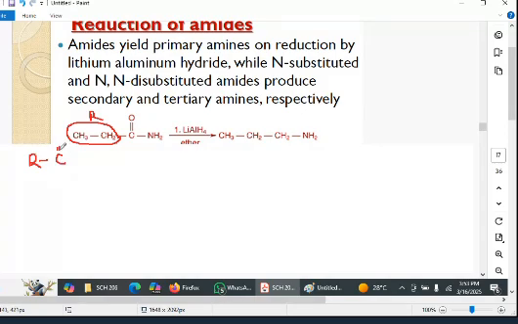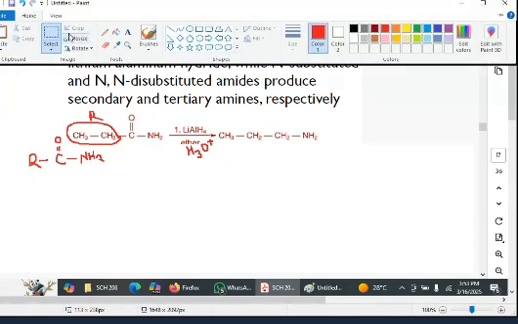double bonds. Then we have the NH2, like that. So the first thing we usually have here, because there is a hydroxonium ion, like any other carbonyl, is the activation of this oxygen.